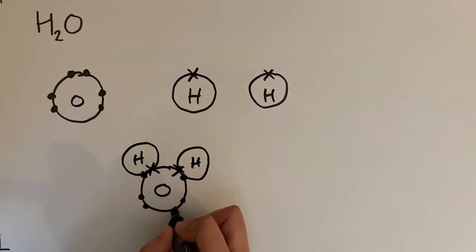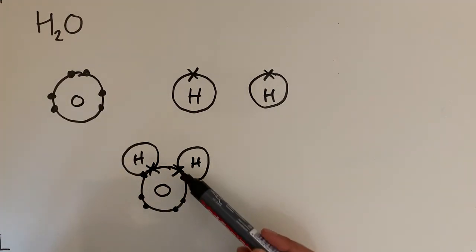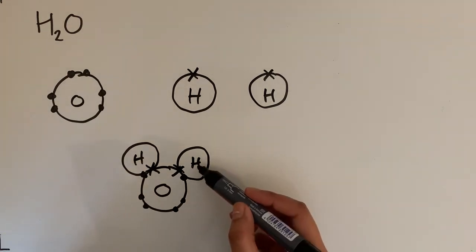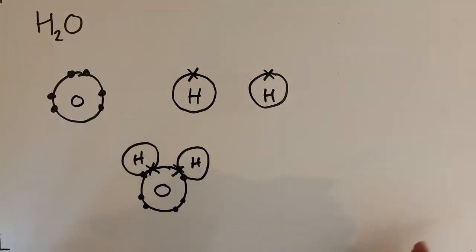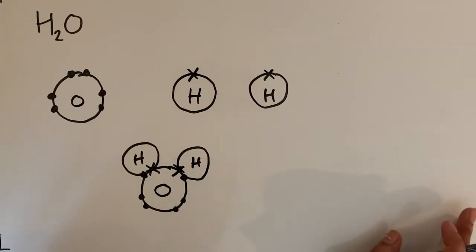If I draw in all the electrons, as you can see, this oxygen now has 1, 2, 3, 4, 5, 6, 7, 8 electrons, and this hydrogen and this hydrogen both have 2 electrons. So they've achieved their noble gas configuration, or their full outer shell of electrons.